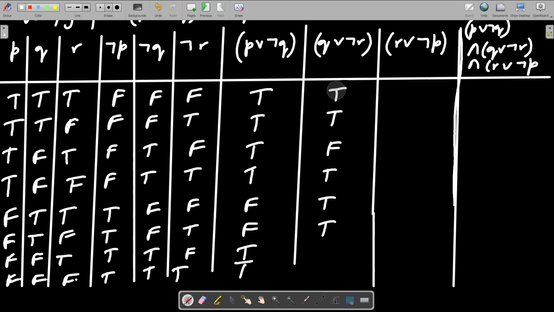Next is R or not P. The third and fourth columns, so this is very easy because they're close by. So true, false, true, false, true, and all are true after this.